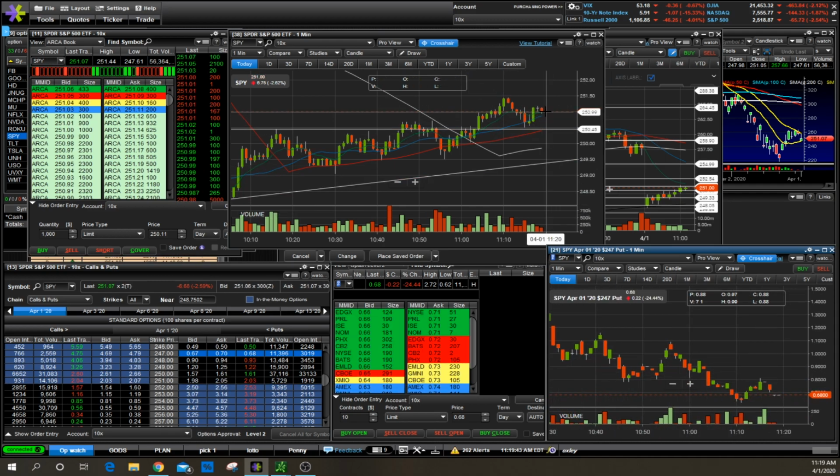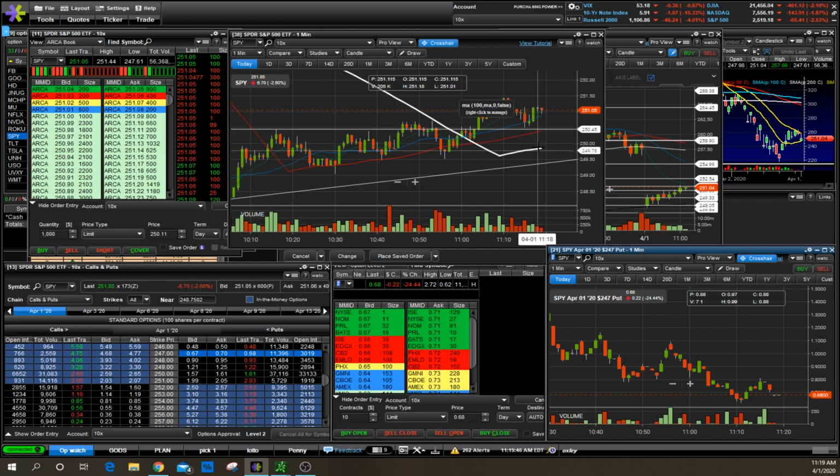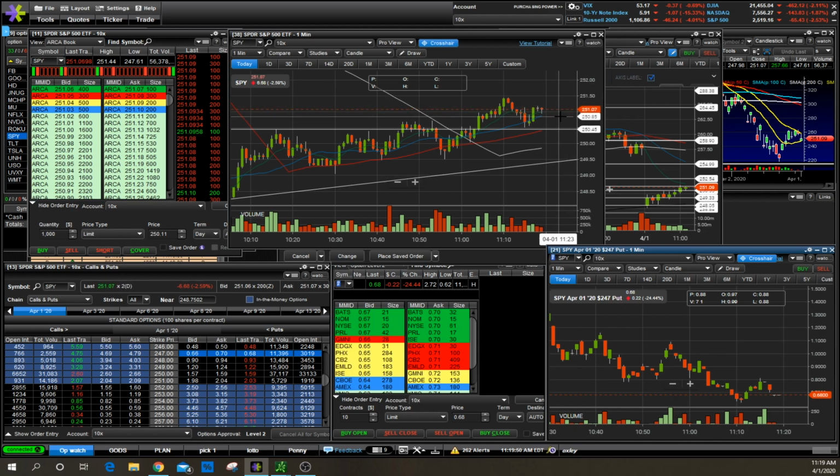There's just too much support. All these moving averages support. It's just bound to bounce off of them. If I got in a put, it would just wreck it. Kill the premium.